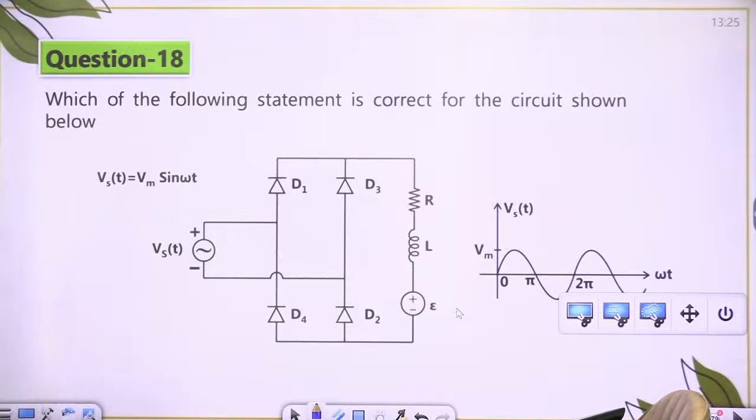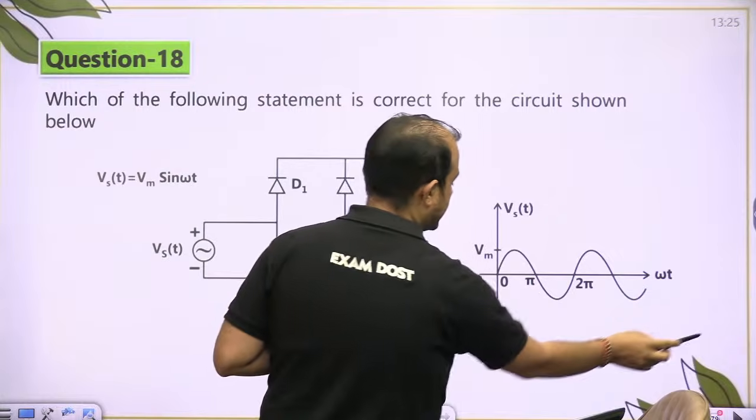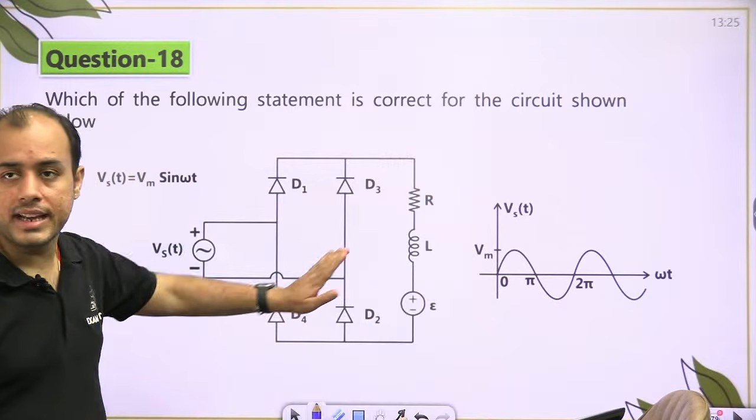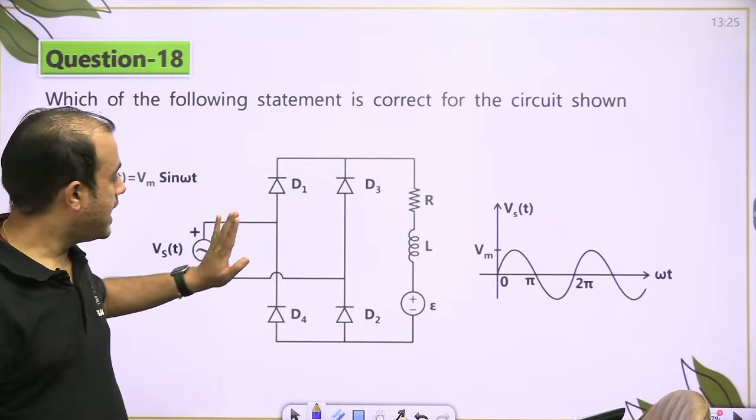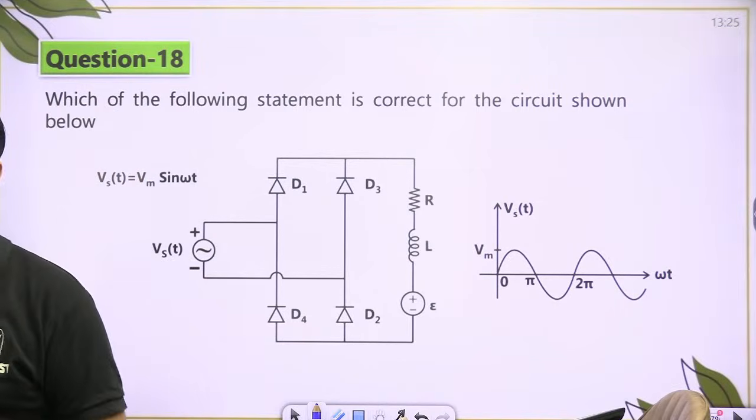Let us go to the next. Which of the following statements is correct for the circuit shown below? Now see the circuit carefully. We are applying a sinusoidal input and we have a full wave bridge rectifier with an RLE load.